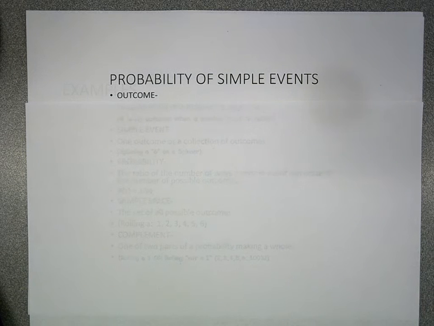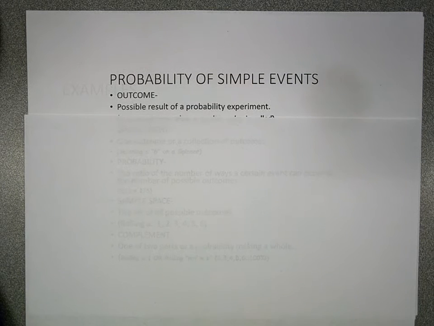and we'll start off with the word outcome. Everyone? Outcome. So in your vocab, this is a possible result of a probability experiment. A possible result of a probability experiment is the outcome. That's what could happen when you're playing a game.